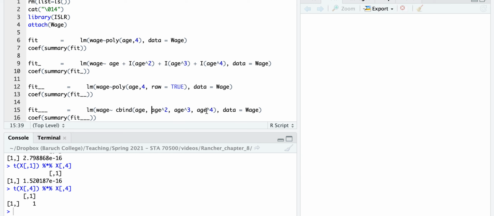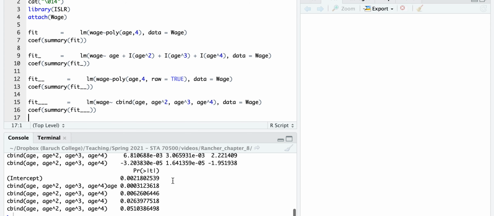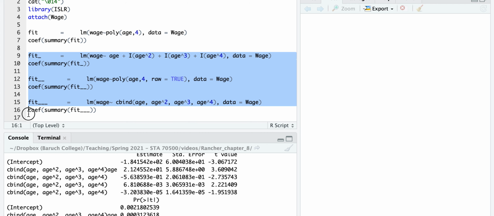Okay, cbind is a function that we have used before, or I don't know, maybe not, for building matrices from a collection of vectors. And any function call, such as cbind inside a formula, can also be used. So here, yeah, we get the same result. So these three are doing the same thing.